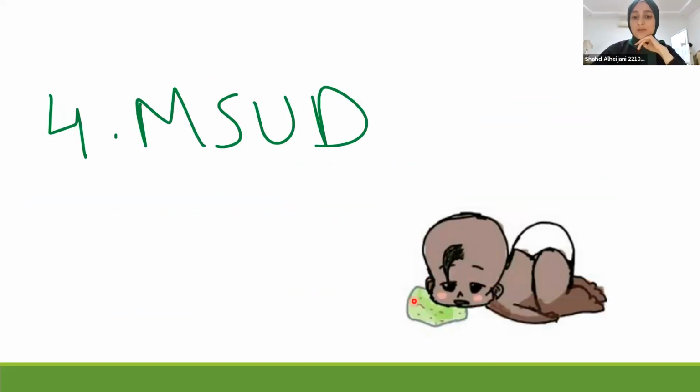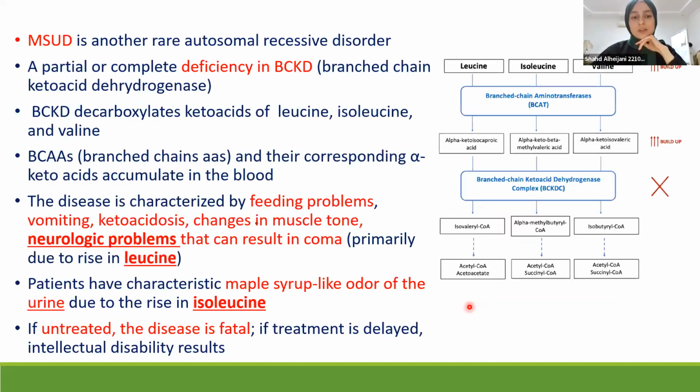You have feeding problems, vomiting, in addition to ketoacidosis, and there are neurologic problems that can result in coma. The neurologic problems are due to leucine. Maple syrup odor is due to isoleucine. Now, if we delay the treatment, there will be intellectual disability, again, CNS effects. And if we do not treat this defect, the disease is fatal.